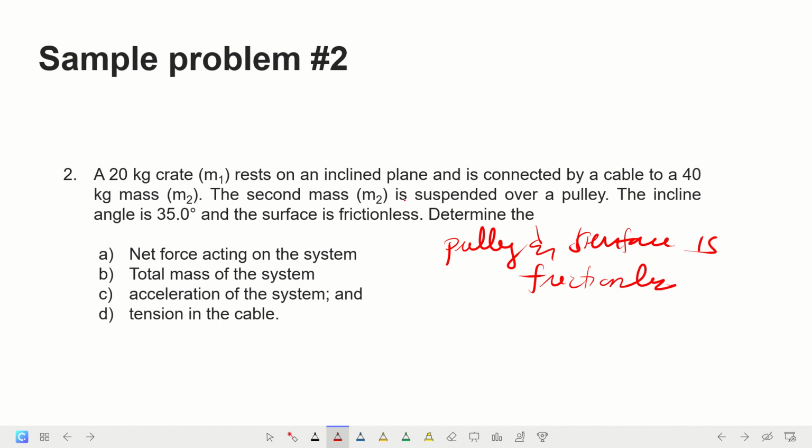And we also assume that the pulley and the cable is massless. So in this scenario where this is frictionless and massless, it would make solving the problem much easier. So frictionless muna tayo. Frictionless situations. So let us now try answering our problem.